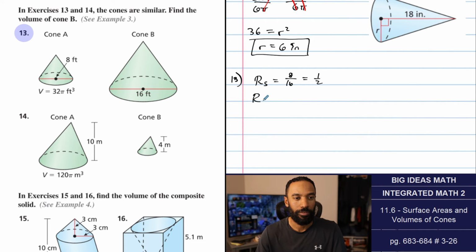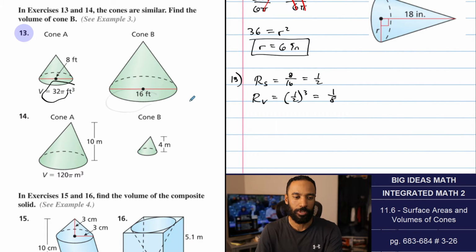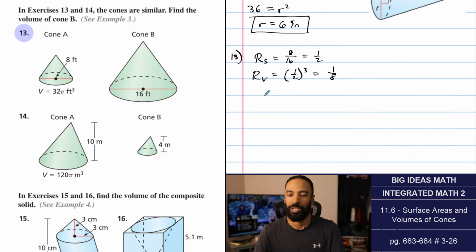The ratio of volumes, they're asking for volume. The ratio of volumes, you got to take 1/2 and cube it. We get 1/8. That means that this volume right here is 1/8 the volume of this one. That means we got to make this thing 8 times larger. And I always set them up in this way to start it.